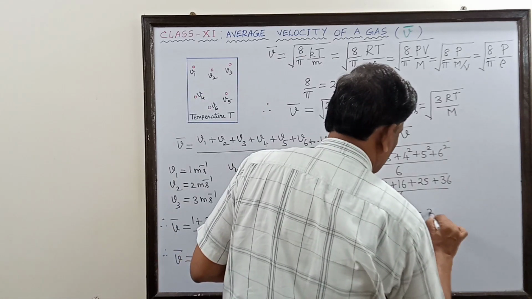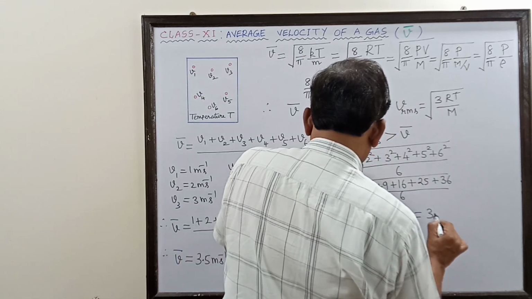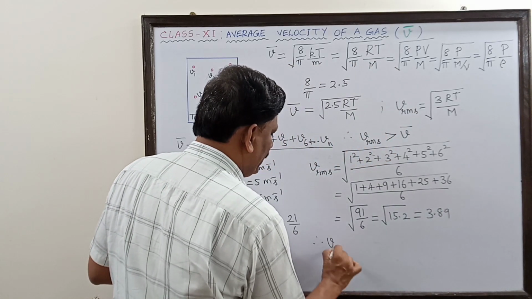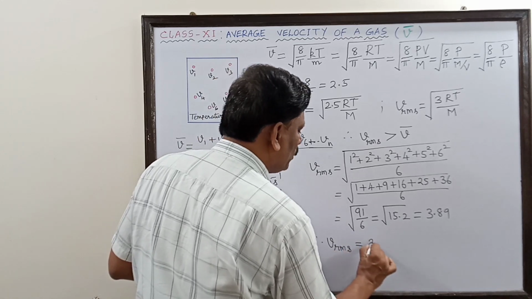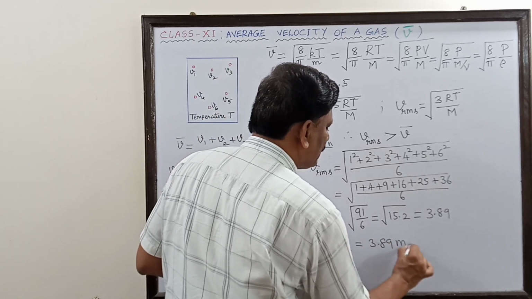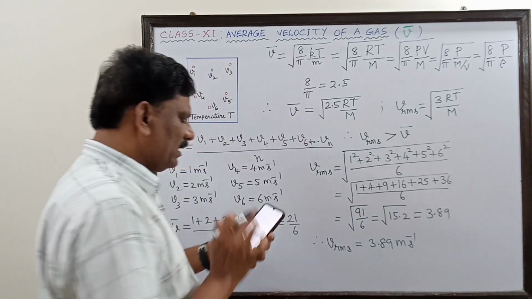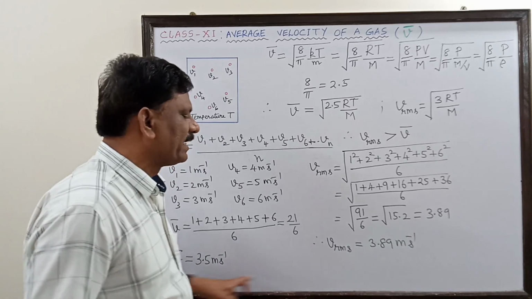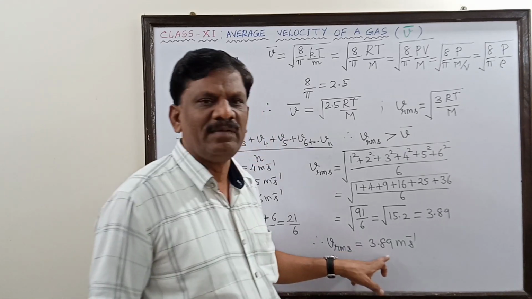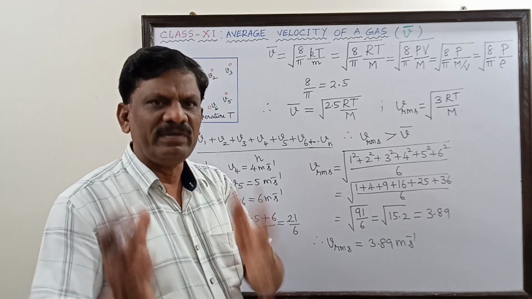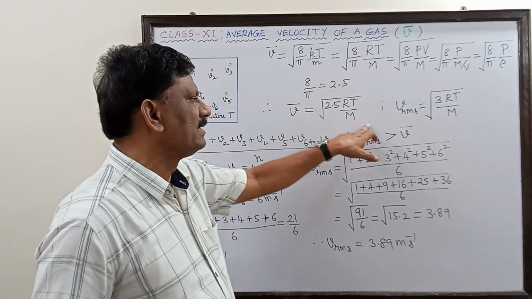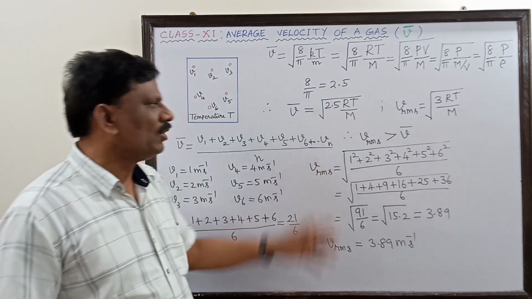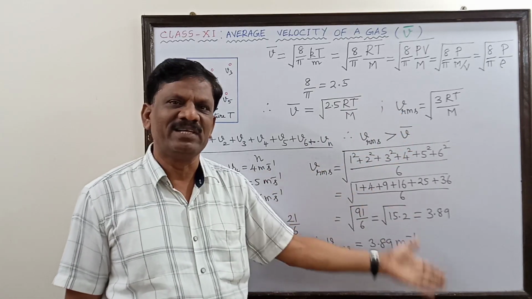Therefore V RMS is equal to 3.89 meters per second. What is the value of V average? We found it is only 3.5 meters per second, and here V RMS is 3.89 meters per second. So we can accept that V RMS is greater than V average. Okay students, you must have understood how to find the average value of the velocity of the gas molecules. Fine.